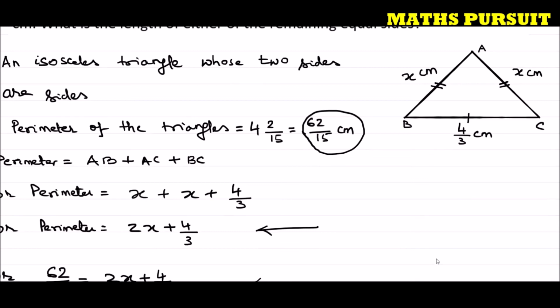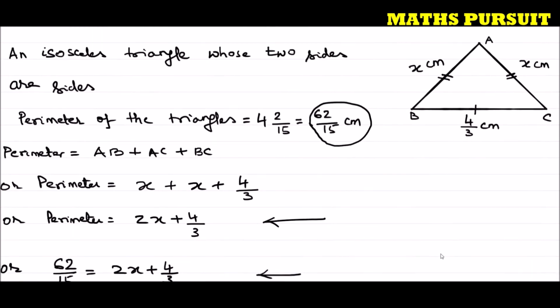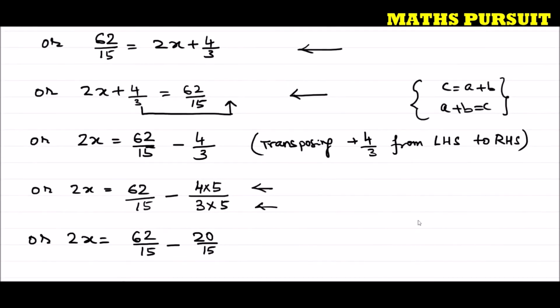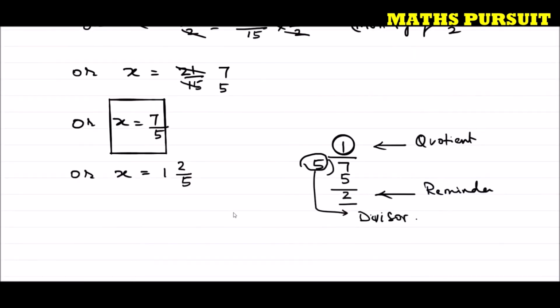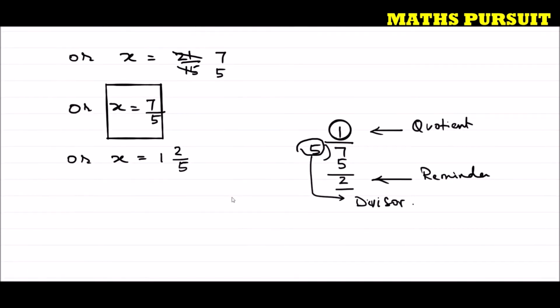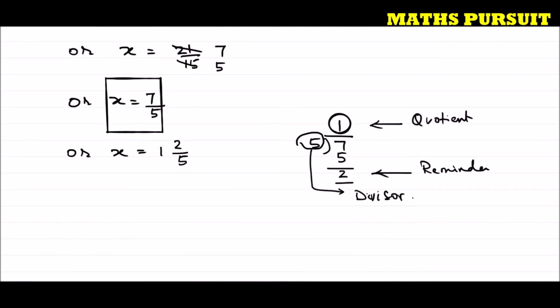So for that reason we are writing the answer as 7 upon 5 or 1 2 upon 5. Whatever we write is fine. Nothing is going to be wrong.